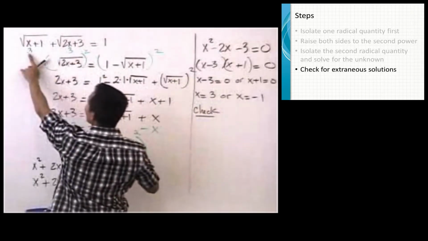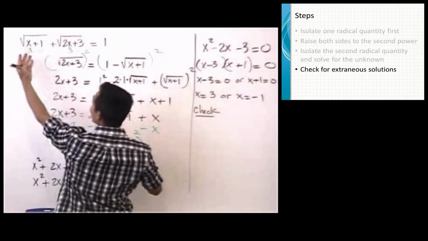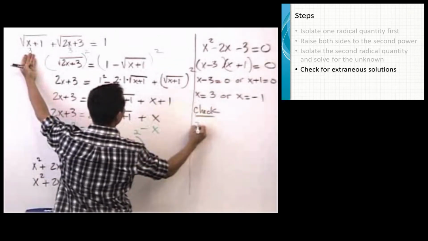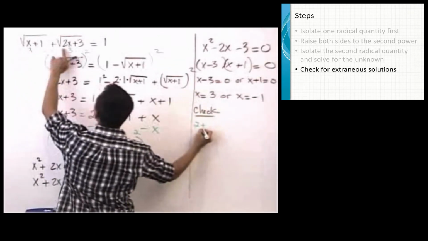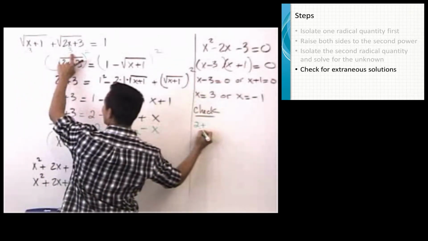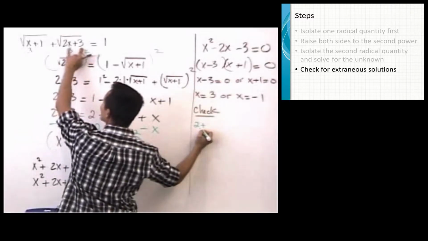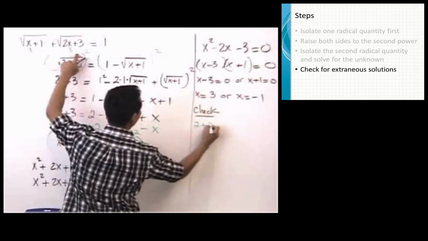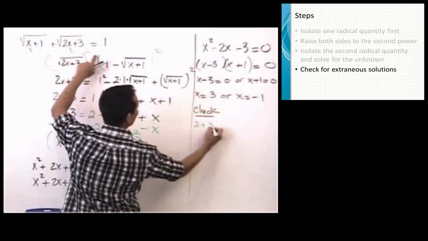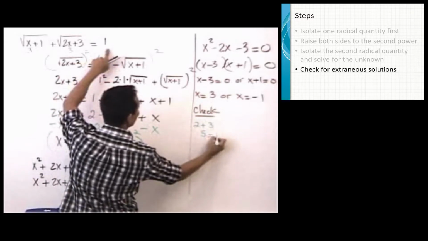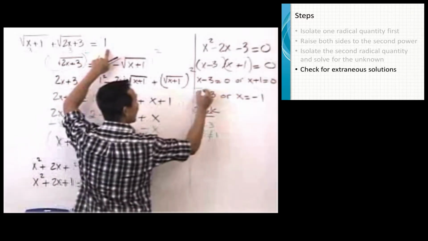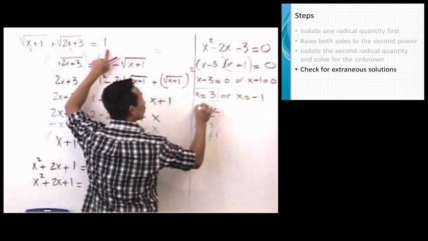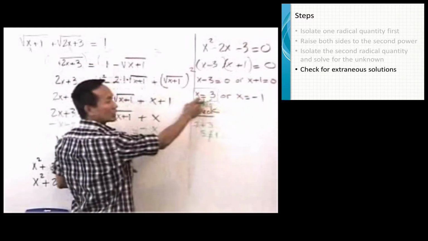On the left side, I have 3 plus 1 is 4. Square root of 4 is 2, plus 2 times 3 is 6, plus 3 is 9. Square root of 9 is 3. So here I have 2, here I have 3. 2 plus 3 is 5. And 5 is not equal to 1. So therefore, x equals 3 is no good. It is extraneous.